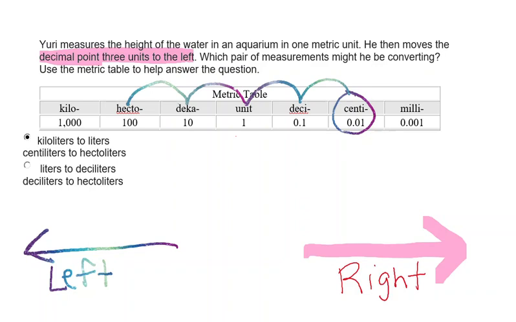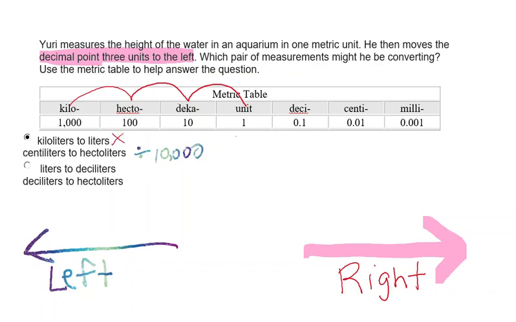So from centiliters to hectoliters, that would be division by a power of 10 with 4 zeros. So that is not 3 points to the left, that is 4 points to the left. And just to go back and put what we got for this first one, if we had kilometers or kiloliters, 1, 2, 3, to liters, we're moving to the right.